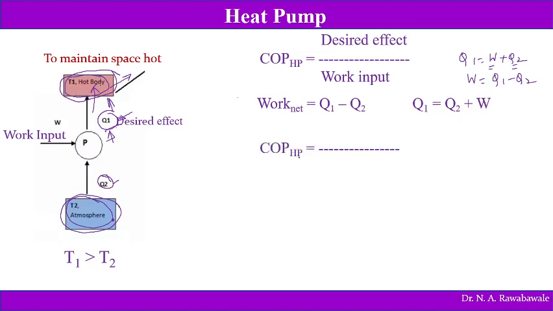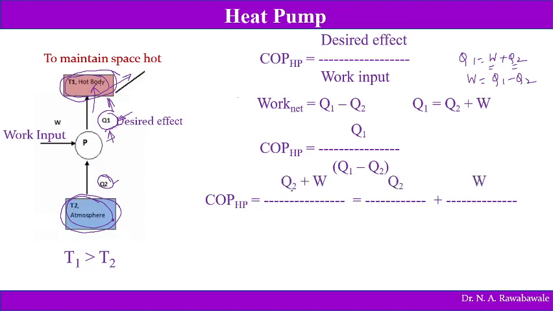Now the COP of a heat pump is given as desired effect, which is Q1 now, Q1 divided by Q1 minus Q2. Now the COP of a heat pump can be written with Q1 equal to Q2 plus W. So in place of Q1 we substitute Q2 plus W divided by Q1 minus Q2, the denominator is as it is.